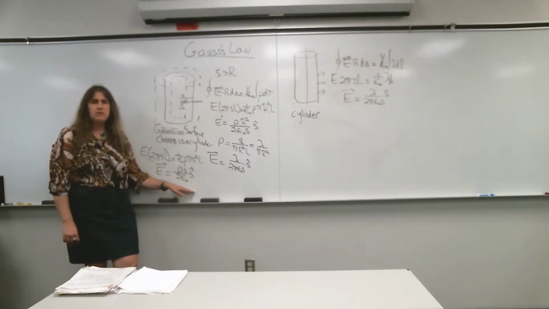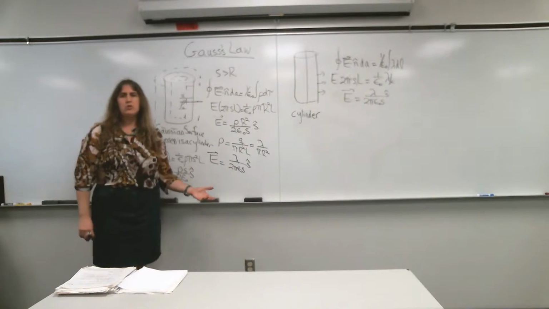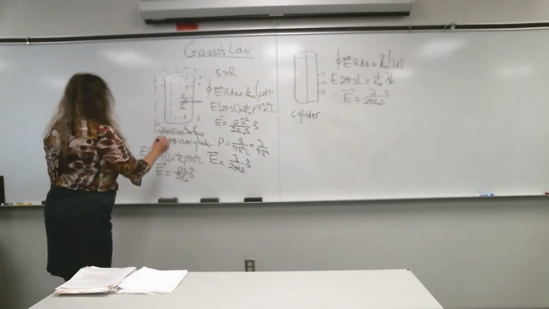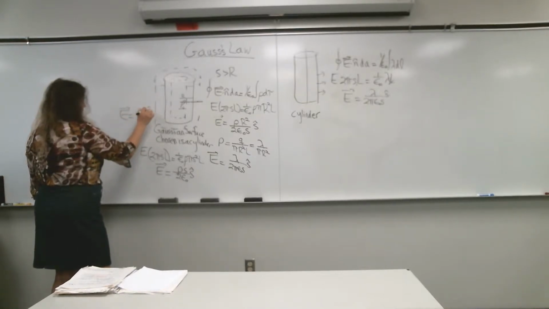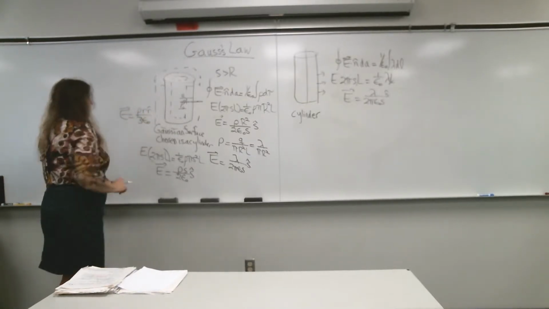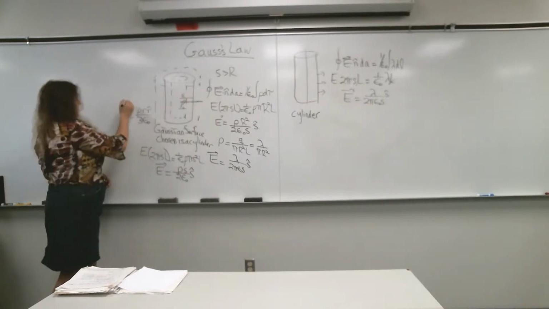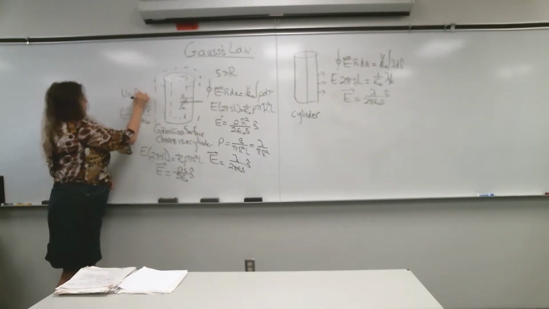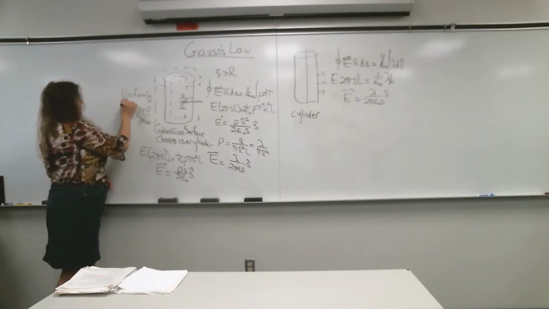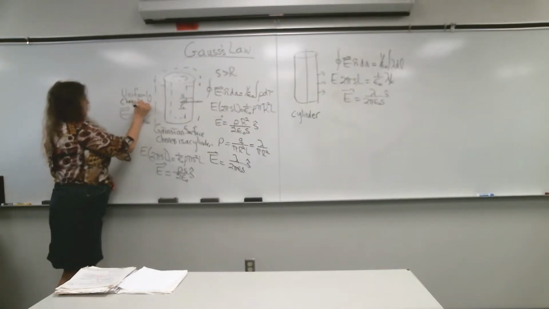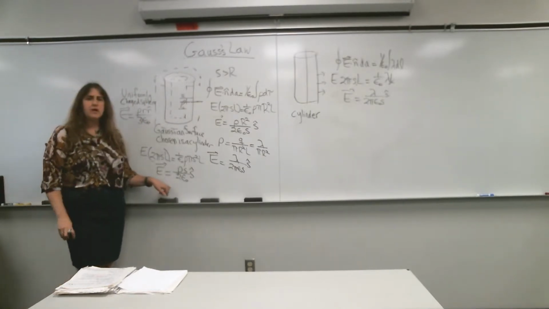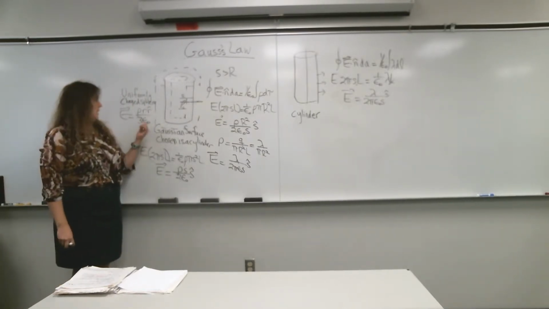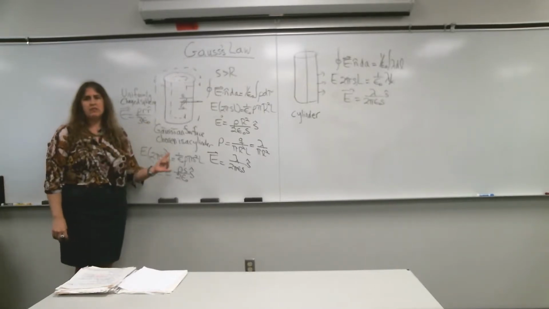epsilon naught. I'm going to leave it in this form because I want you to compare this with the expression we got for the electric field due to a uniformly charged sphere. Remember what that was? It's just E is equal to rho r caret over 3 epsilon naught. So notice in both of these cases, it's proportional to the charge density, and in both cases, the electric field extends radially outwards.